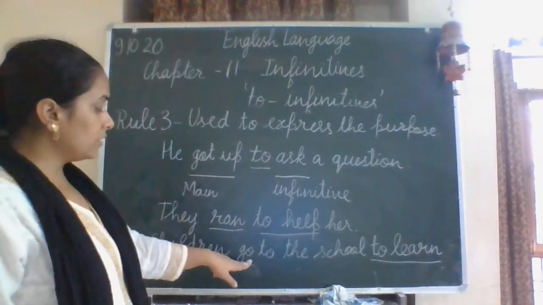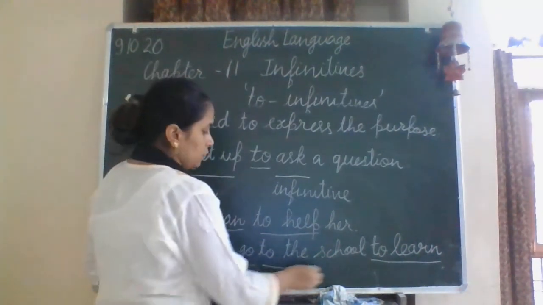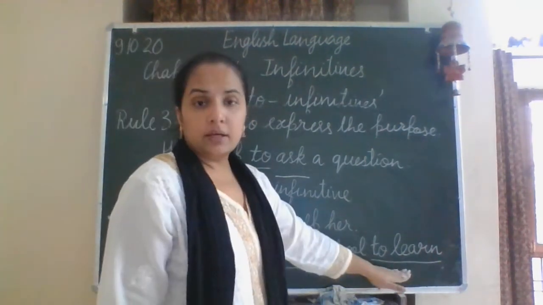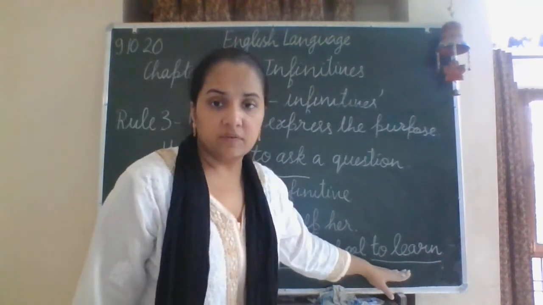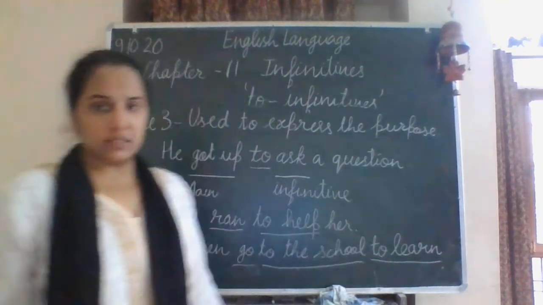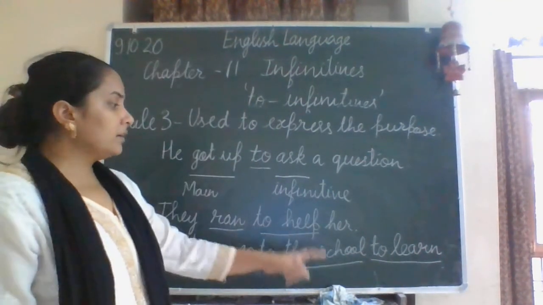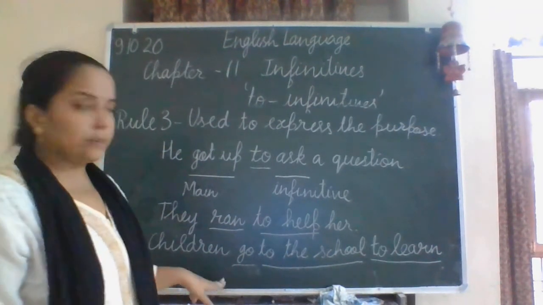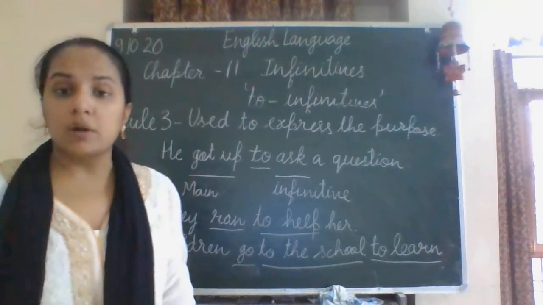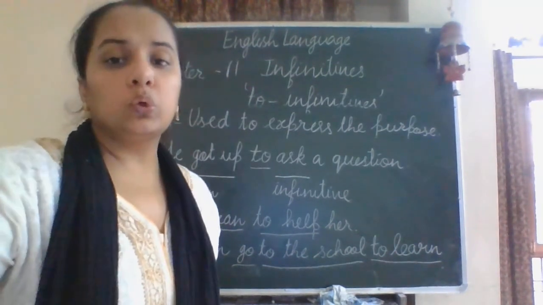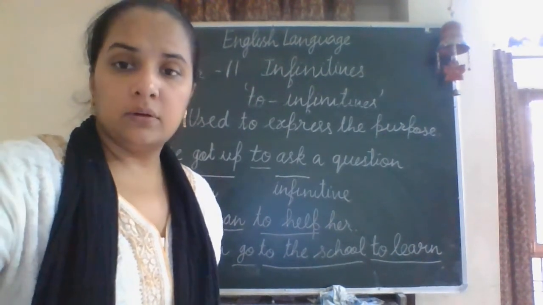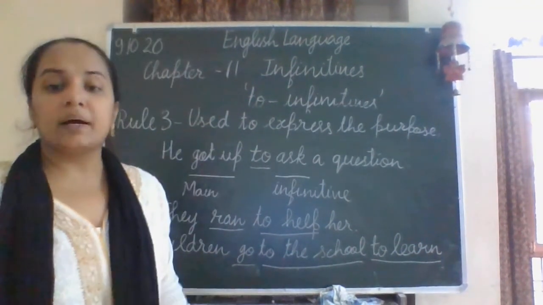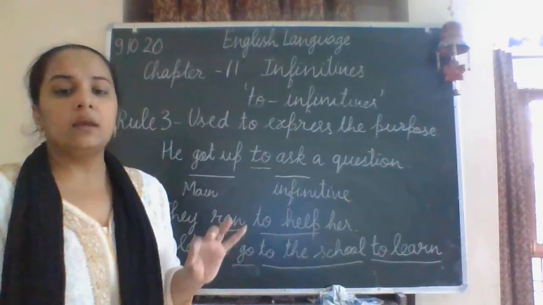The main verb is go. Then to the school is the object and to learn is the infinitive. The second verb is the infinitive in the sentence. And here this to learn is telling you about the purpose of going to the school. Why do you go to the school? You go to the school to learn. So this infinitive is showing you the purpose of the main verb.